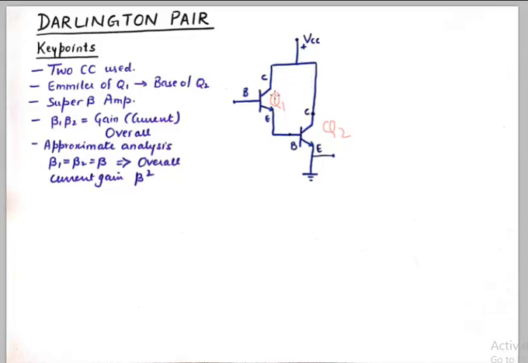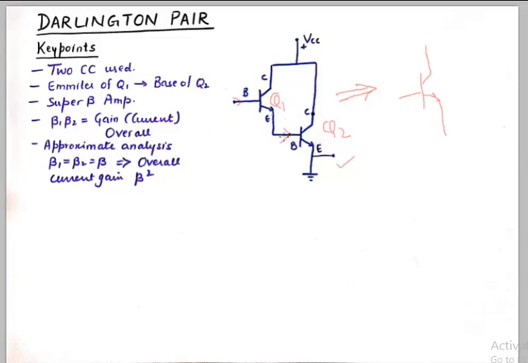Now when collectors are common, we are left with the option of giving input at bases and taking output from the emitter. This transistor might look something like this from the outside, but the internal structure of this transistor will have two BJTs, one followed by the other.